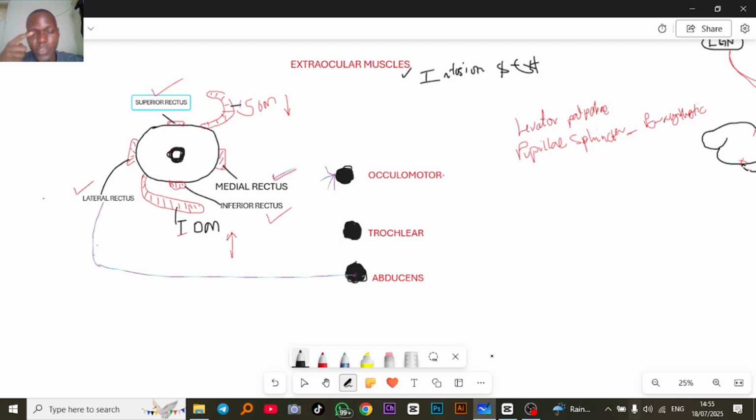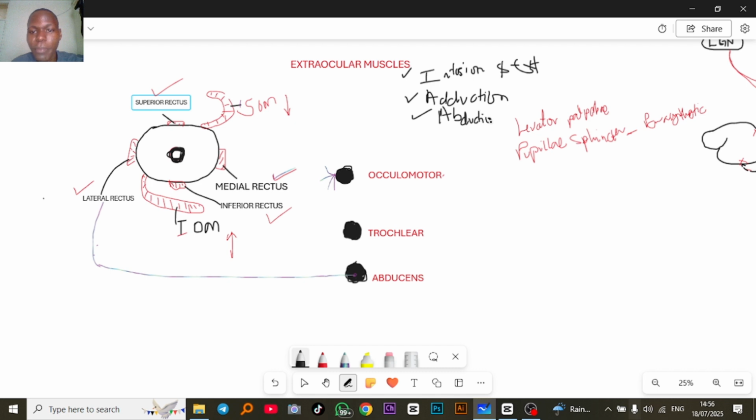Then extorsion is when it moves laterally, outwards, like that. Then the other action we've talked about is moving the eye inwards or medially. That's adduction. Whereas moving it laterally or outwards is what we call abduction.